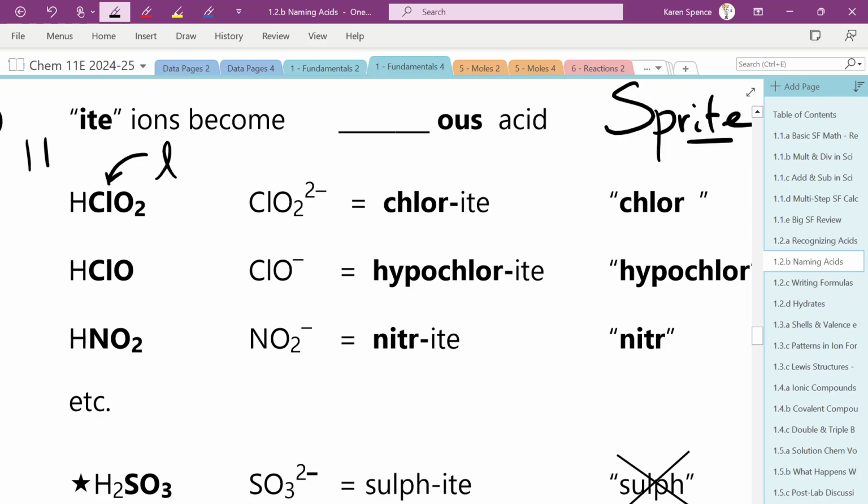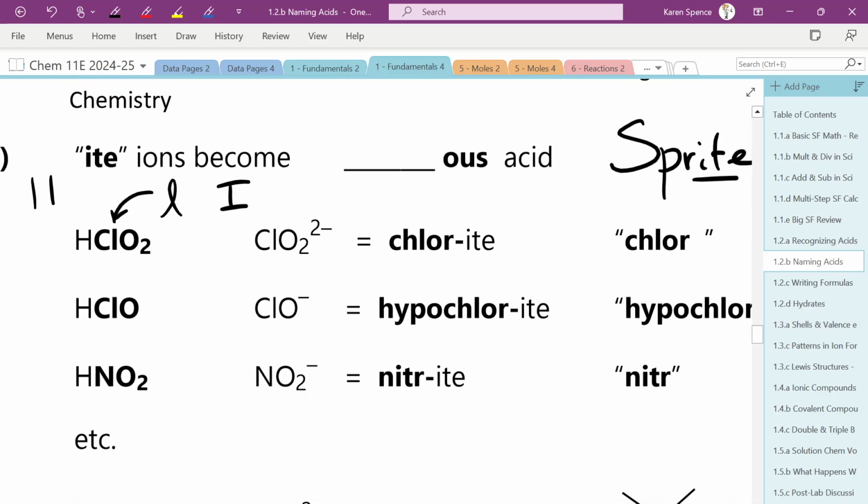Okay, so I use a font called Ebrima, and it gives you an I with a bar on the top and a bar on the bottom, and it gives you an L that's actually a little bit taller, you can see, than the capital letter, right? So that is an L. And an I, if I had HIO3, it would actually look like that, okay?